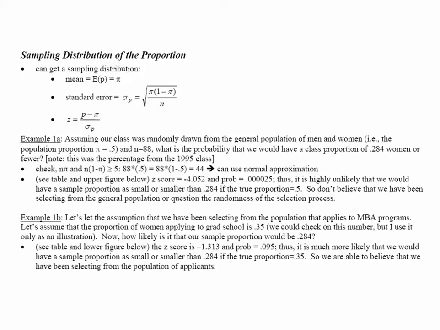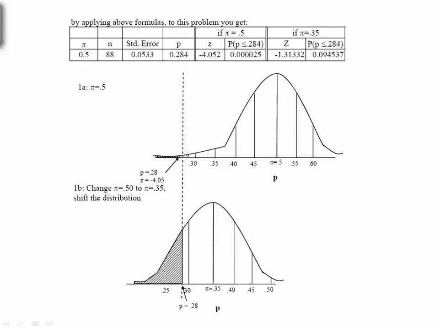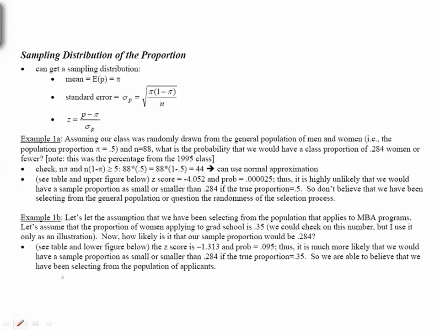In the last section, we talked about the sampling distribution of the proportion, and we used this example where we're drawing from a population that has an expectation of 50% males. So we see this example here.